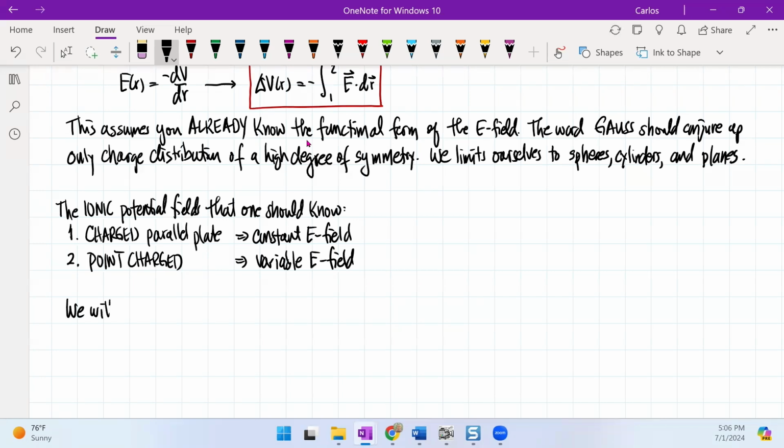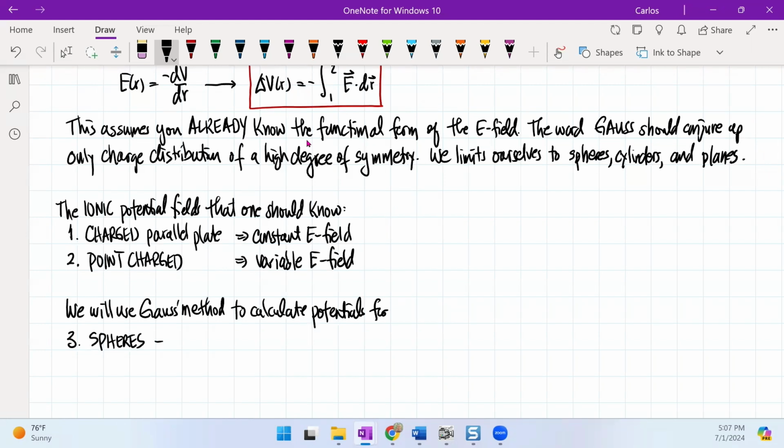So we will use Gauss's method to calculate potentials for solid spheres. So we're going to have spheres. So when I look at spheres, there's a whole bunch of them.